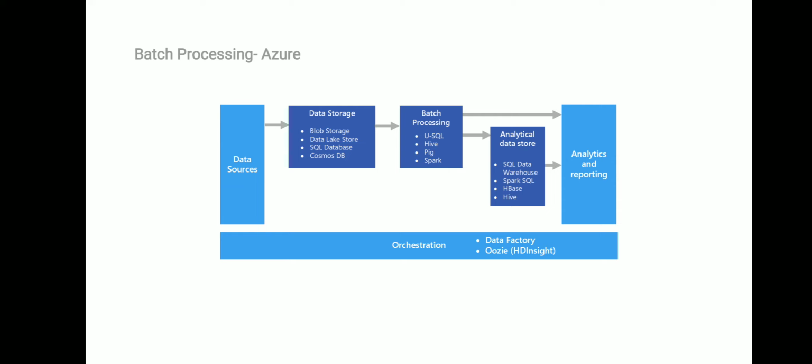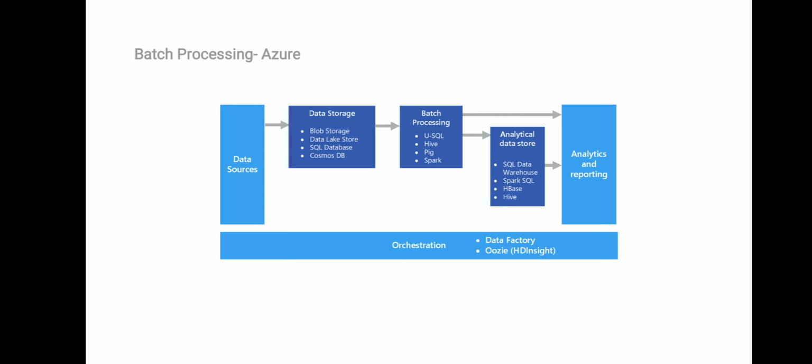And then for batch processing, you have different tools like U-SQL, Hive, Pig, and Spark. From the analytical store perspective, once the data comes into the staging area, it is processed, and then for analysis purposes you can store that in SQL Data Warehouse.